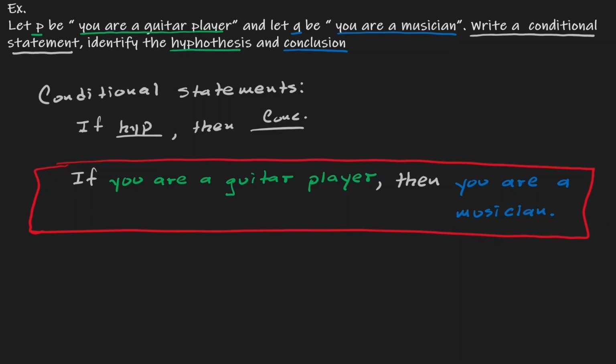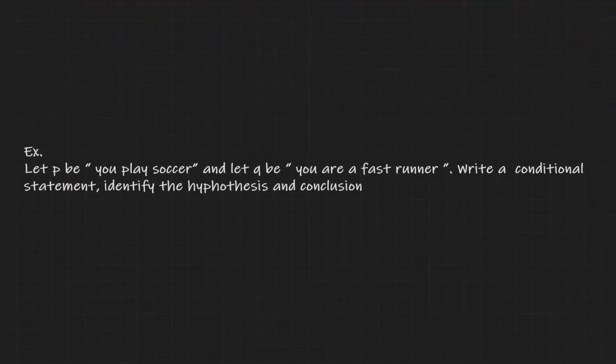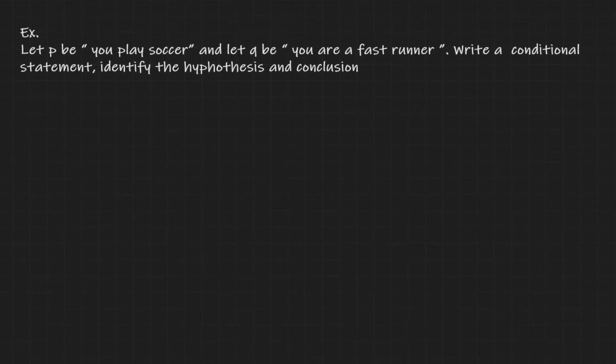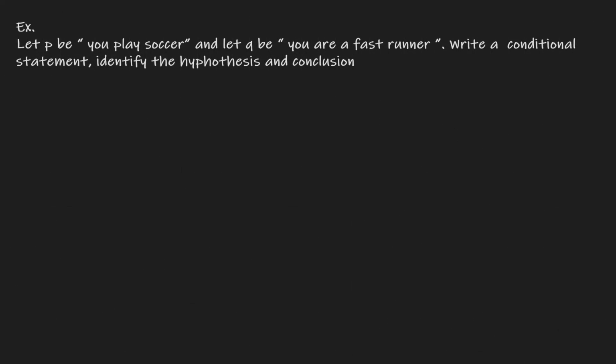Let's try another example right underneath it. Here we have another example, and it states, let P be you play soccer, and let Q be you are a fast runner. Let's write down the conditional statement and then identify the hypothesis and the conclusion. We're going to identify it the same way that we did in our previous example. Let's start by identifying the hypothesis.